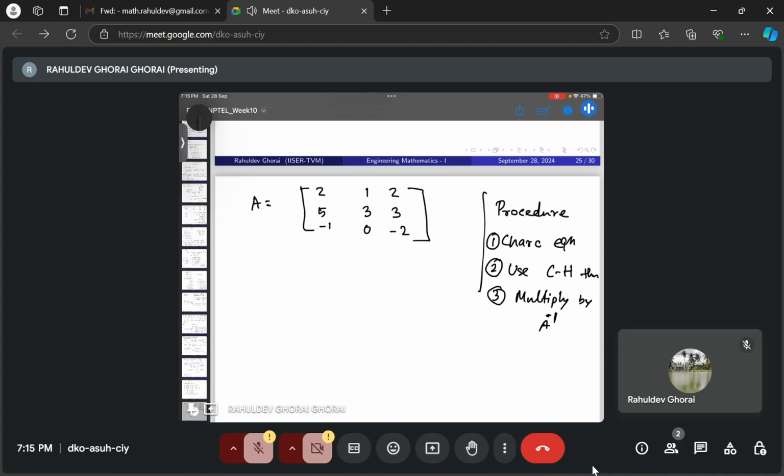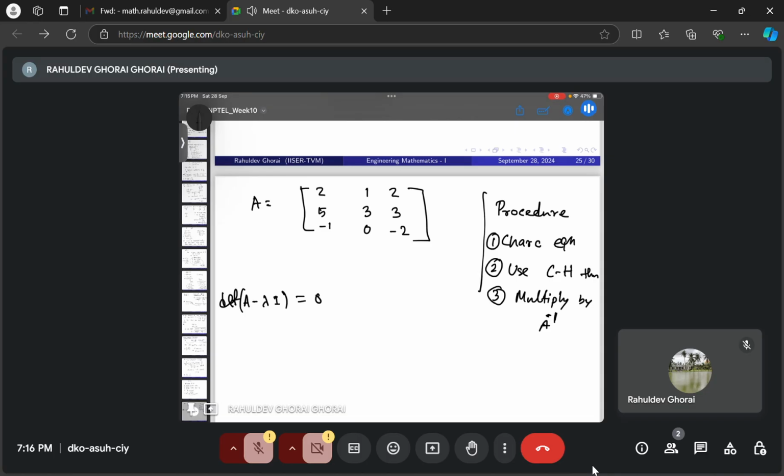Yeah, so let's start. So this A matrix, you can find the characteristic equation, right? To find the characteristic equation, you have to find the determinant of A minus lambda I and make it 0, right? That's what we do.